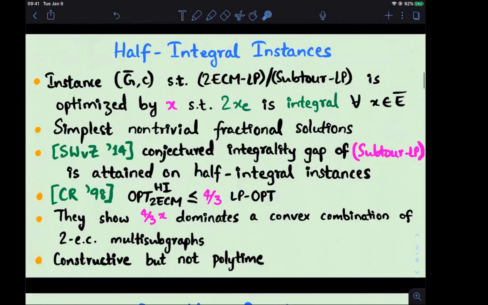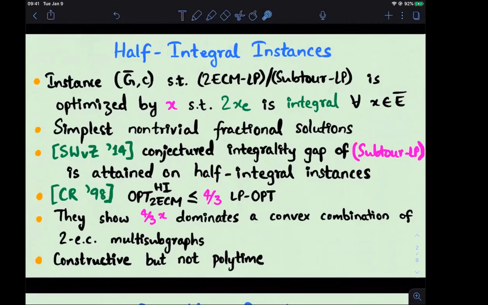In the title, I mentioned that we consider half-integral instances. So these are instances of 2ECM where the LP is optimized by a solution that is half integral. What this means is that if you were to multiply x by a factor 2, then all the coordinates are integral. The reason we consider such instances is because these can be seen as the simplest non-trivial fractional solutions.